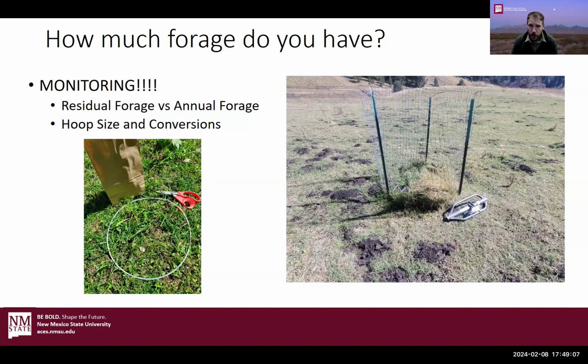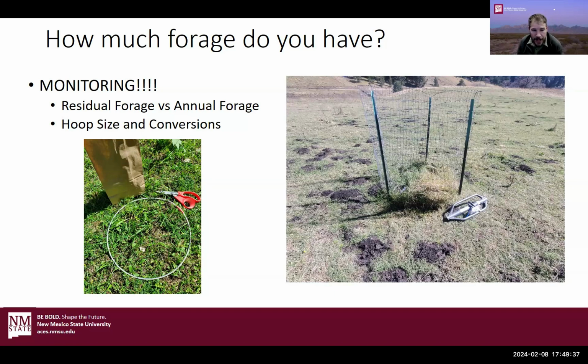So how do you estimate that? That picture there does a good job. You've got to get out, use some sort of ring or square of a known dimension, cut all that feed, put it in a bag, dry it out, and weigh it. If you're wondering about the process, we also have a publication on that through NMSU.